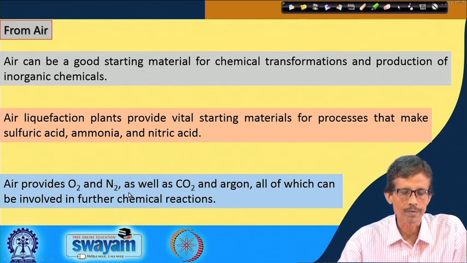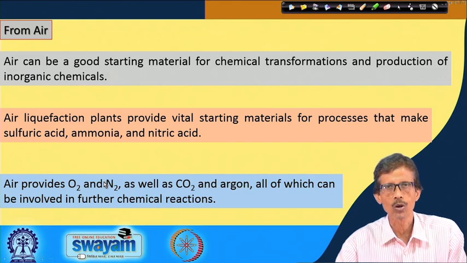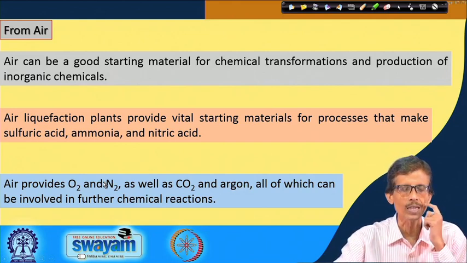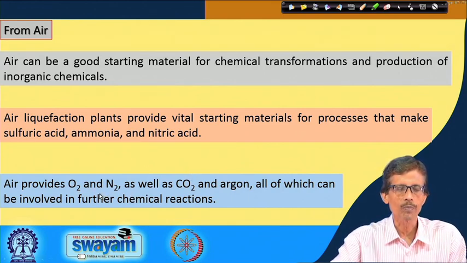Along with these, that means the source of O2, N2 and CO2, we can have the inert gas like argon. This argon can also be separated out from liquid nitrogen, because we all know that industrially liquid nitrogen and liquid oxygen plants are there, and those plants can also separate out this particular gas, argon.